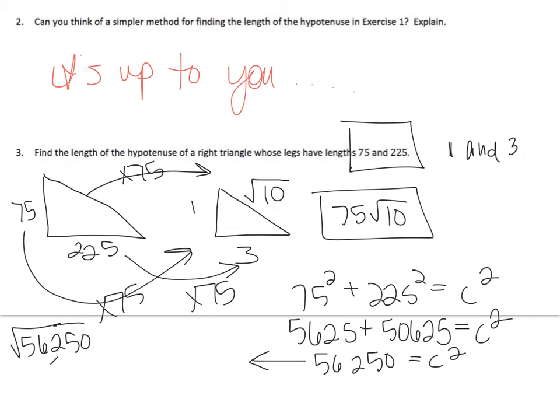I'm going to go ahead and split that up into 10 times 5625. 5625 is the same as 75 squared, which we proved right there. So 75 square roots of 10. Same answer. Interesting. That was sort of fun.